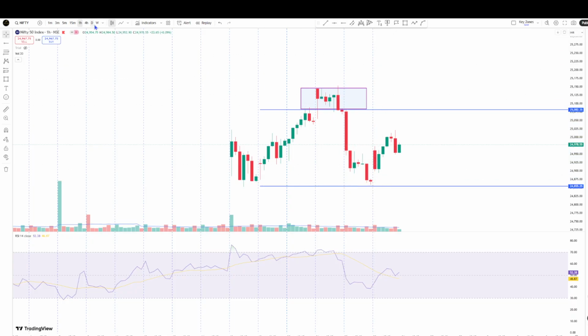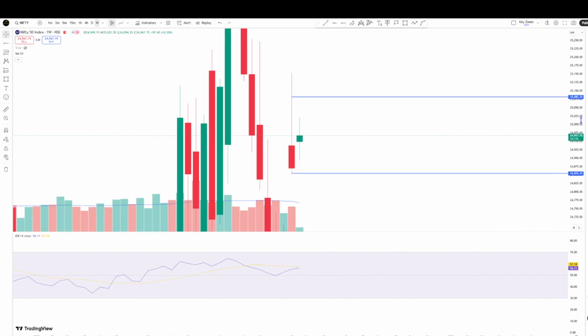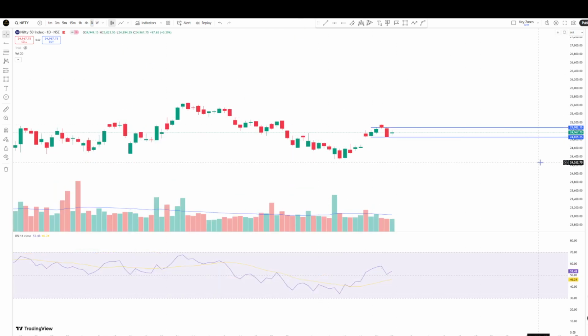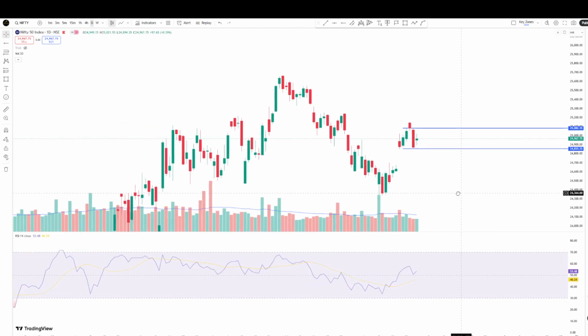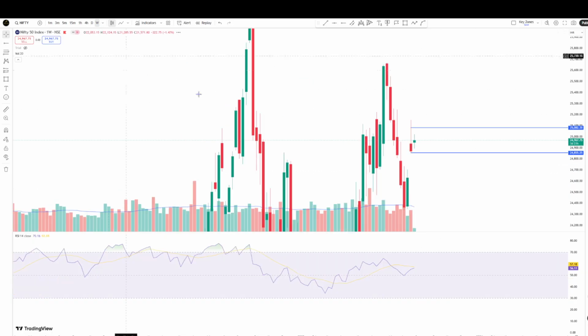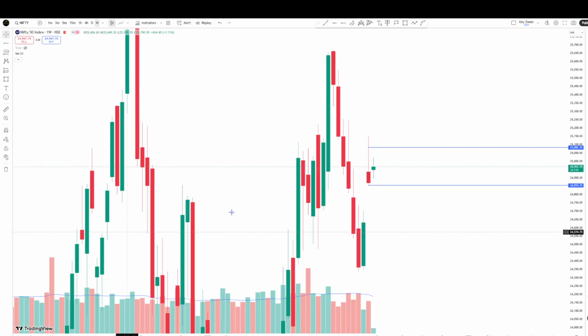So now let's move into the daily time frame. Let me just remove this for a while. First we analyze weekly. The weekly candle, let's just remove RSI.